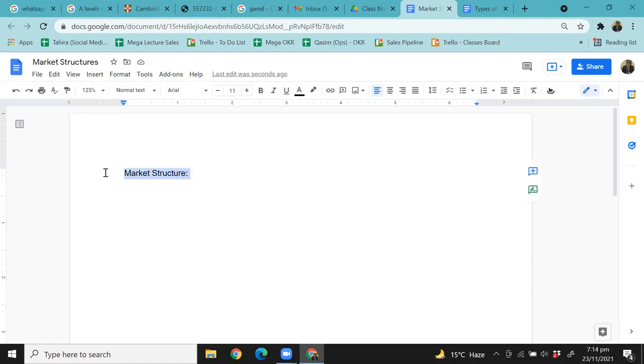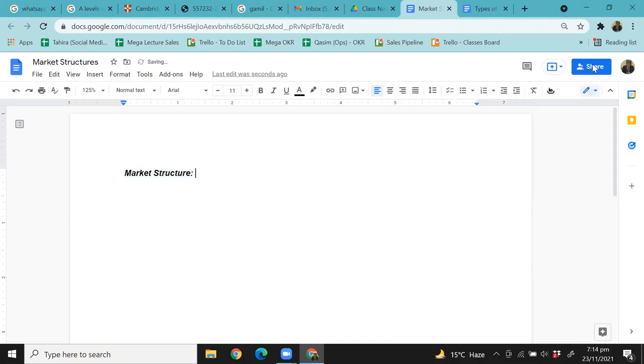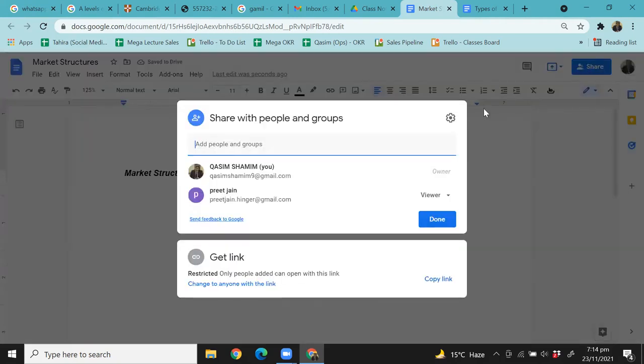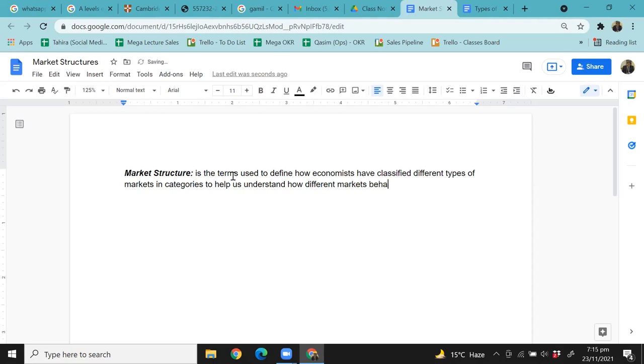Market structure is a term used to define how economists have classified different types of markets in categories to help us understand how different markets behave and operate.